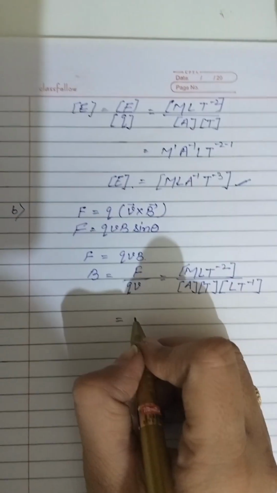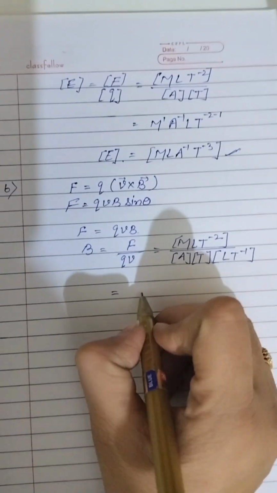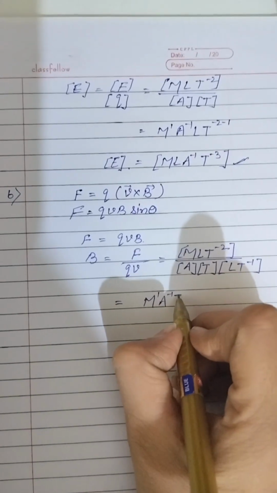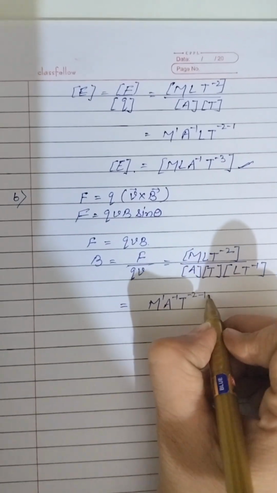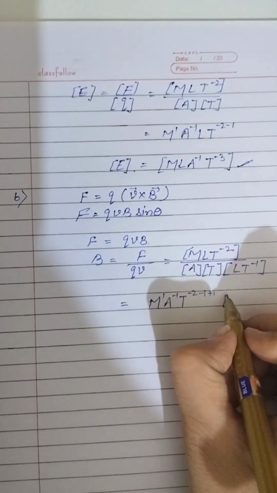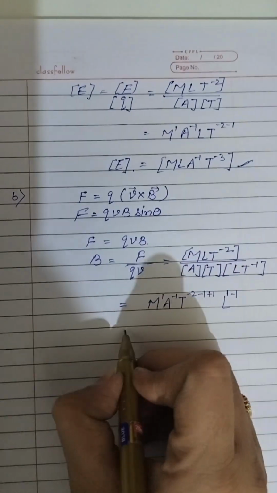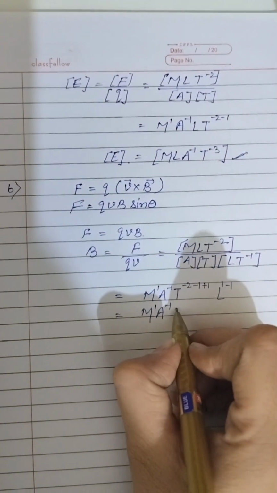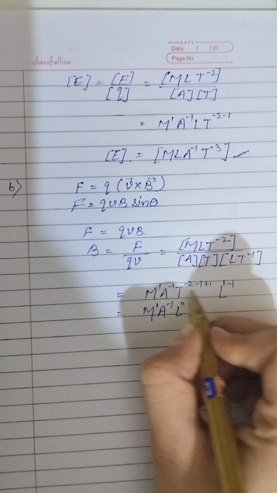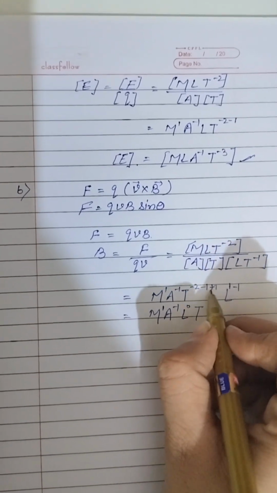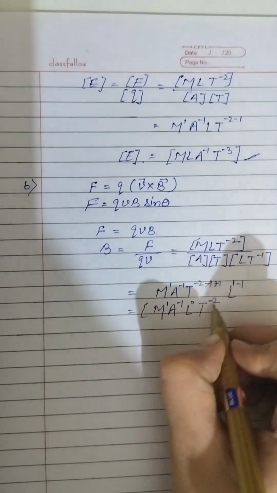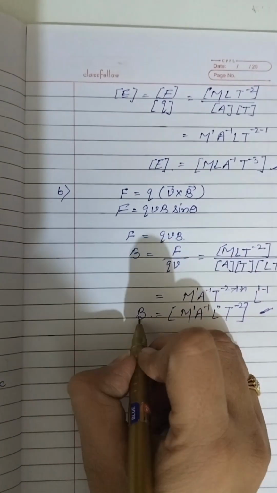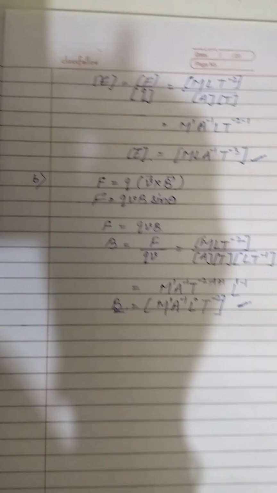After solving this equation, we find M 1 A minus 1 T minus 2 minus 1 plus 1, and L having the value 1 minus 1. So the result is M 1 A minus 1 L 0 T minus 2. This is the dimension value of magnetic field. Thank you.